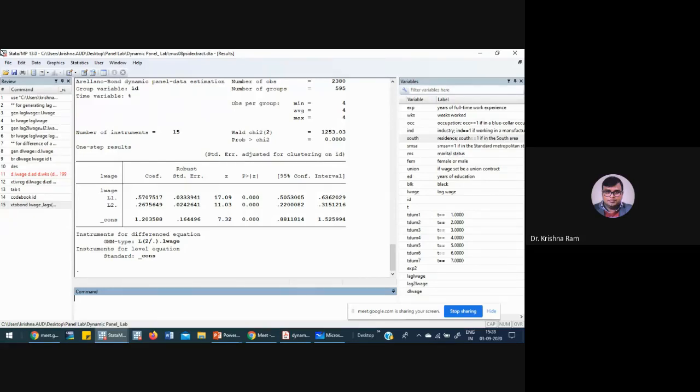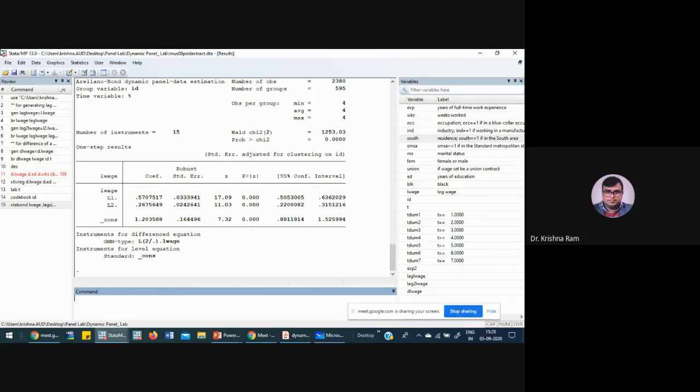This particular option suggests that this model has used 15 instruments. Look here, the number of instruments is given at the top, and the instruments start from y_i,t-2 onward.